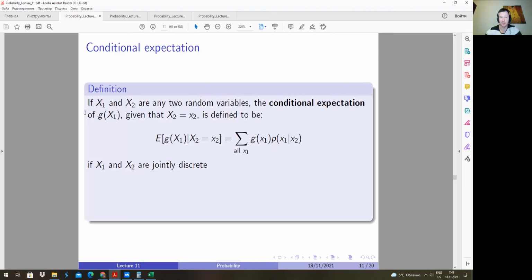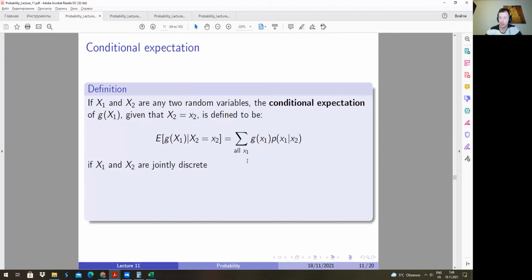If you have two variables, x1 and x2, then the conditional expectation of any function of x1, not only x1, as I said, any function, given that x2 is equal to some number. So basically we know something about x2. We know how much x2 is, what is the expectation of a function of x1 or just x1. This is the following thing.